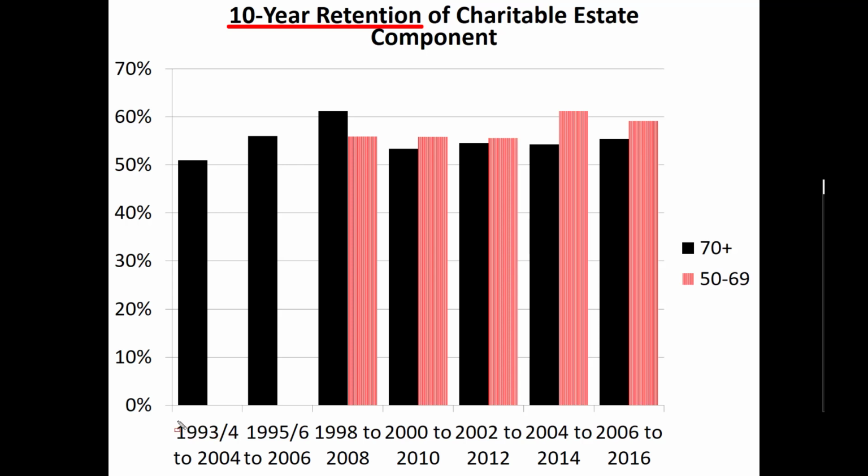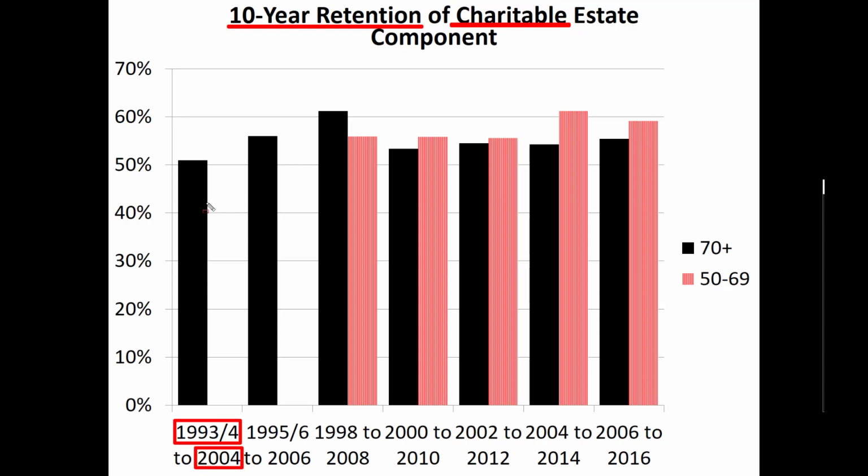We're looking at everybody who in 1994 said, yes, I have a charitable estate component. And then among that group who is still answering the question in 2004, what percentage of those still answering the question still say, I have a charitable estate component?